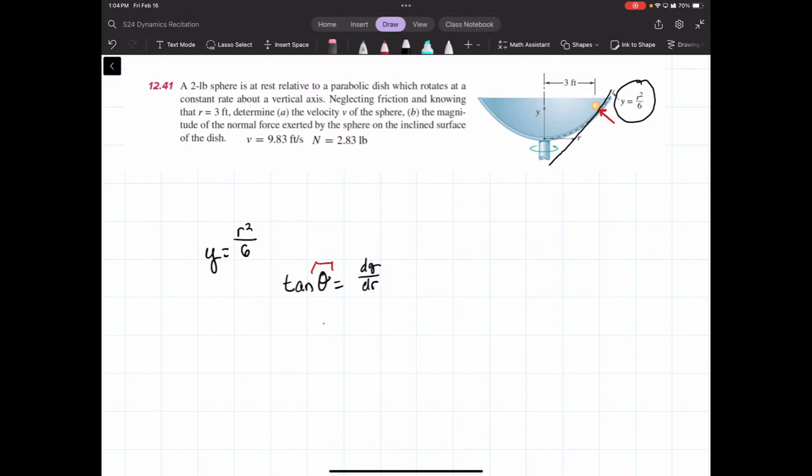So the derivative of y is just going to be 2r over 6, or r over 3.